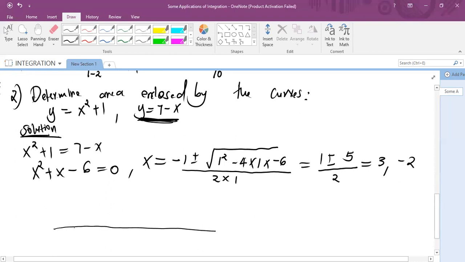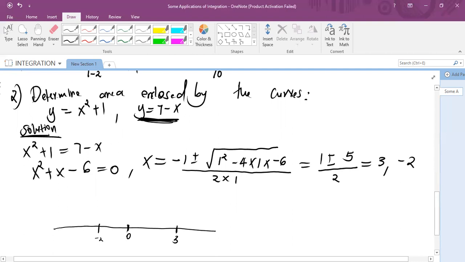So we have x is equal to -2. So let's say this is our point 0 here. Then x is equal to -2 is one of the points of intersection, and x is equal to 3 is also one of the points of intersection of these two curves.